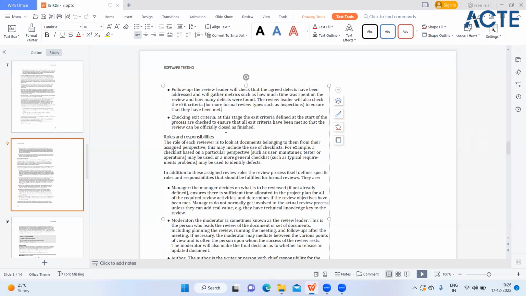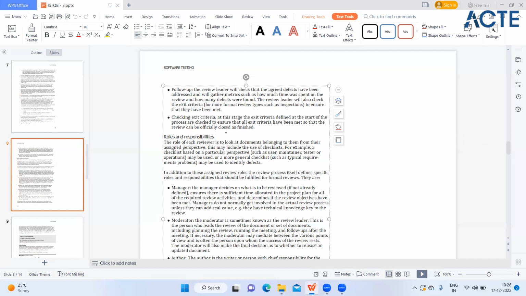The whole review process is closed under the last phase of that diagram, which is checking the exit criteria. So whatever we have defined in the entry criteria, we have to check under the exit criteria, whether everything we decided is properly closed or not.